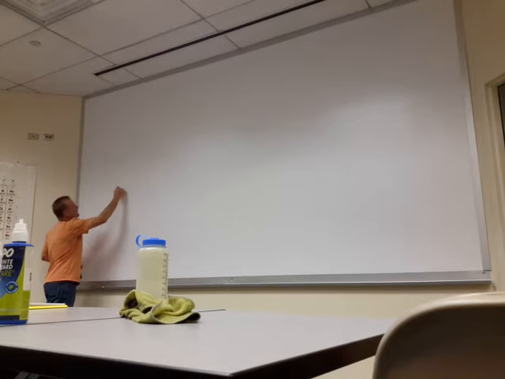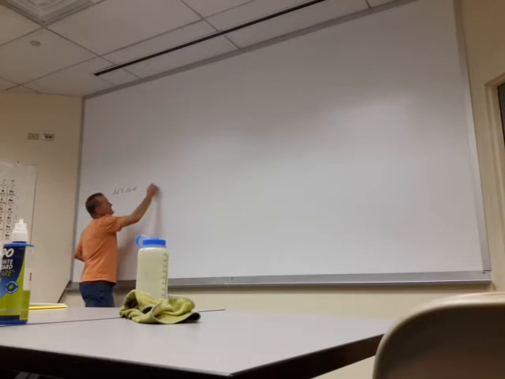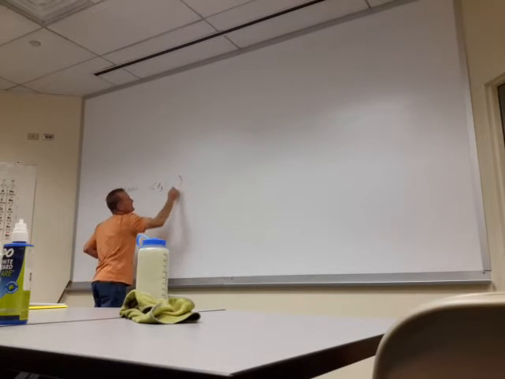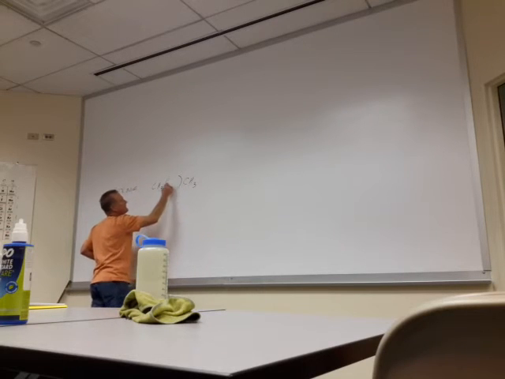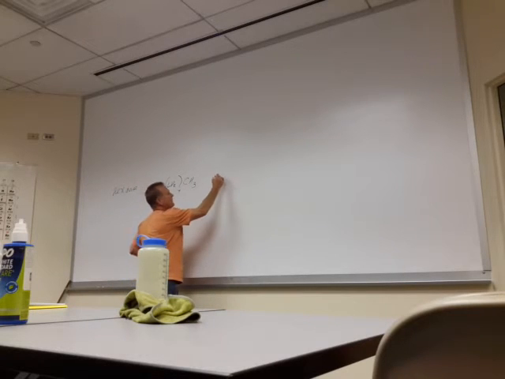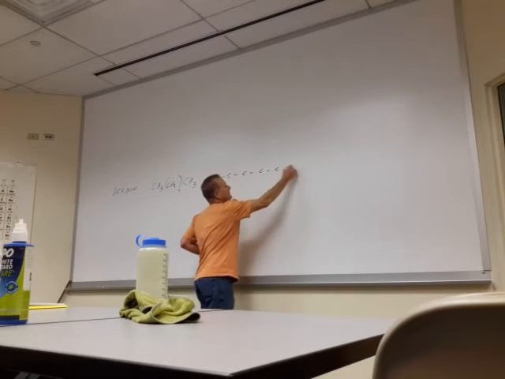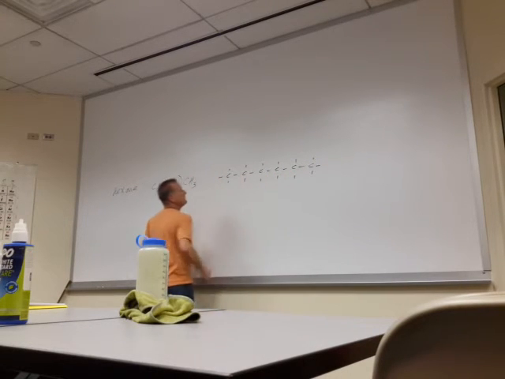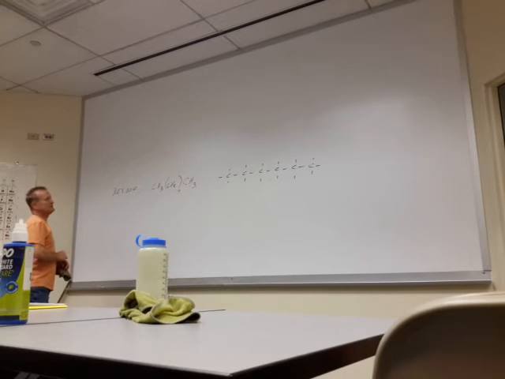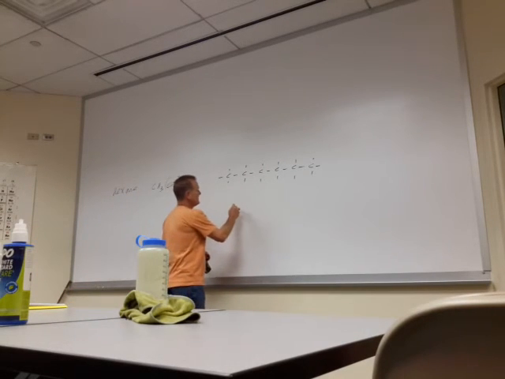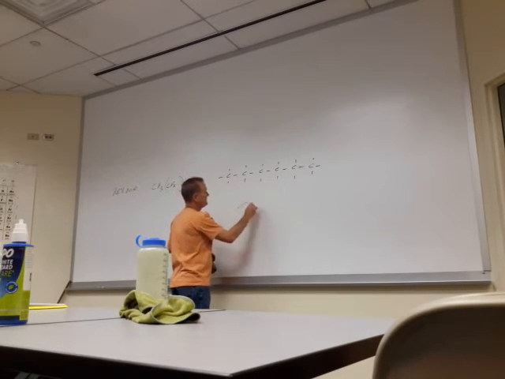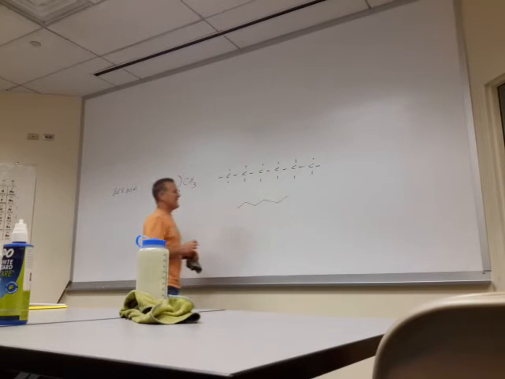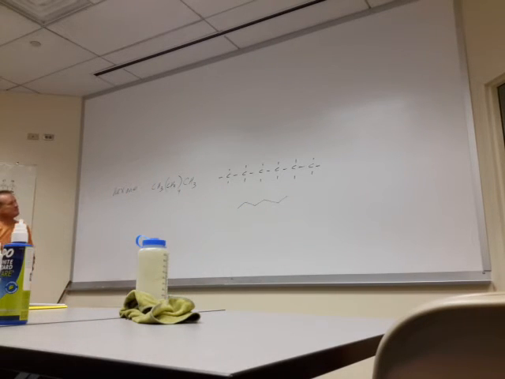So hexane could be shown as CH3 on each end, and how many CH2s are in the middle? One. Okay. I wanted to draw it out, which clearly I don't. It would look like that. But the better way to show it is like that. And it forms a ring.